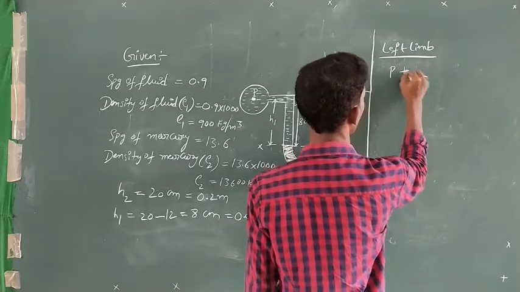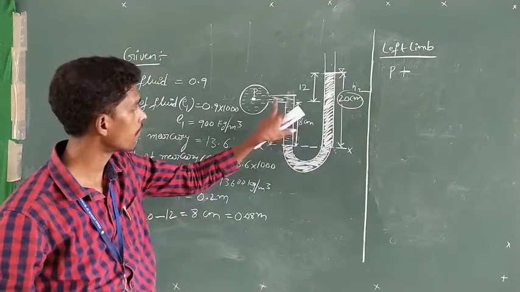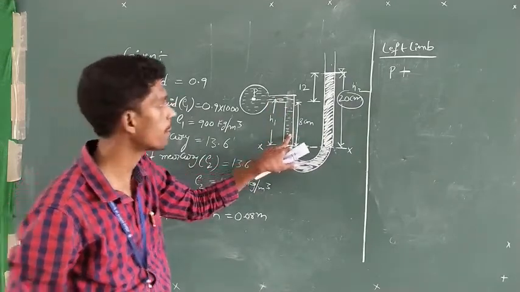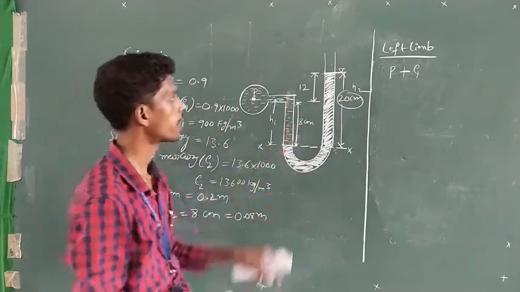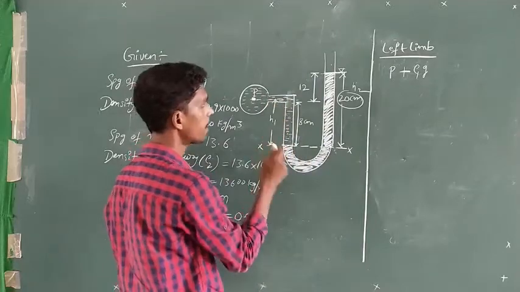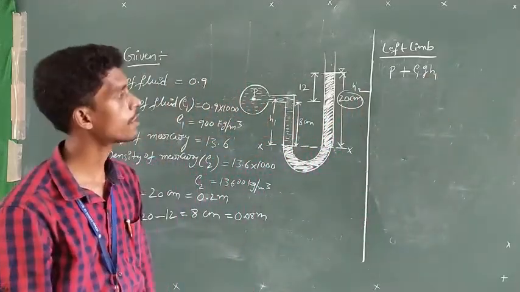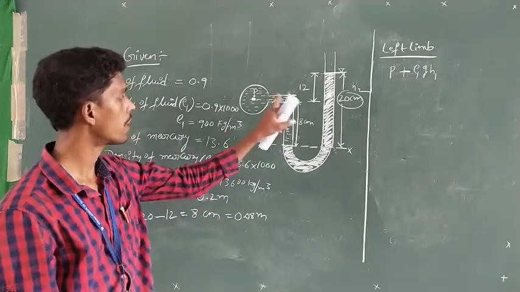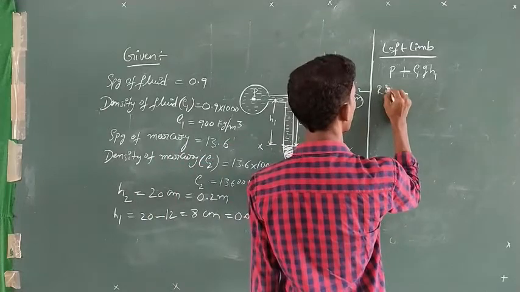So pressure unknown value is P. And in the tube, up to the datum line, another fluid is flowing. What about the density of that fluid? Rho 1 and acceleration due to gravity g. And what about this height here? H1, right? Clear? This is the value of that entire pressure intensity in the left limb. So what about the right limb?